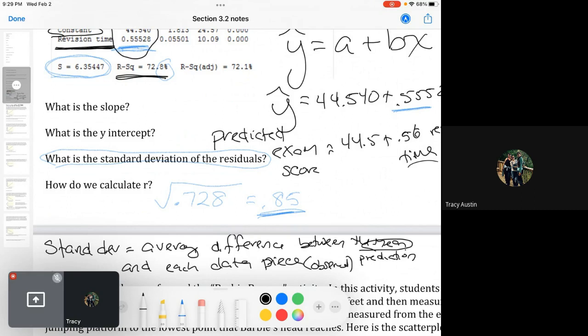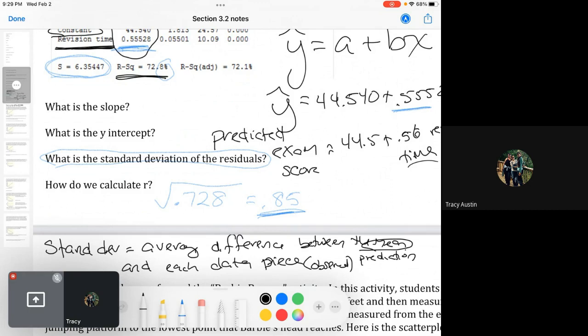So the standard deviation is still the same thing as far as average difference. And so it makes sense, since we're looking at all these differences between the pieces and our prediction, to see how good our prediction actually is, right? We want them to be small. That's why it's called least squares regression. So we can actually measure what the typical difference is.